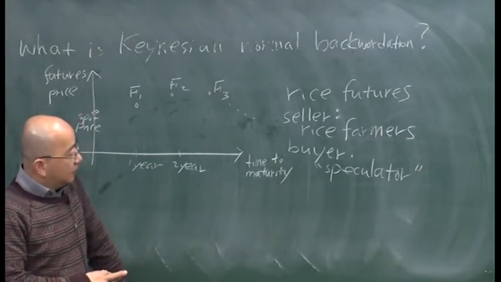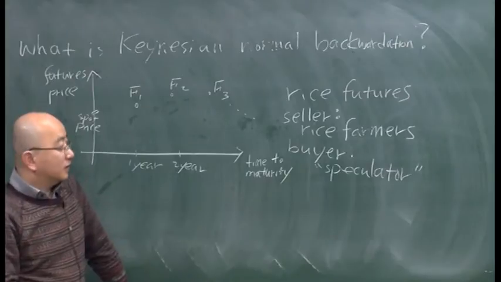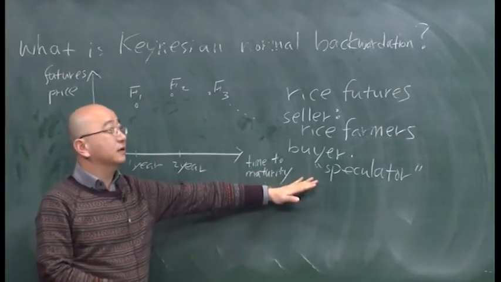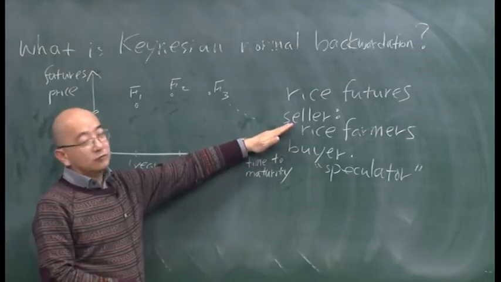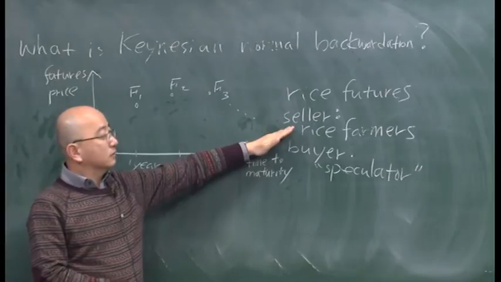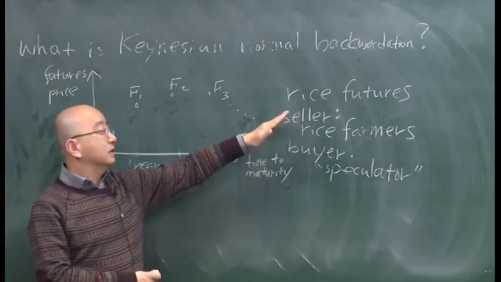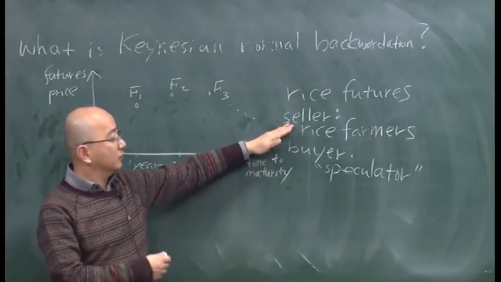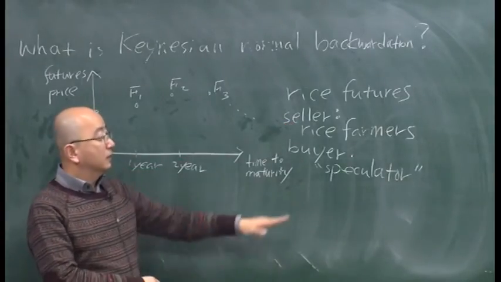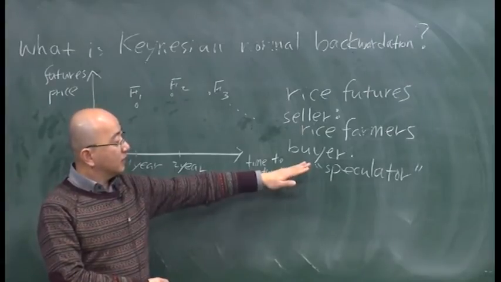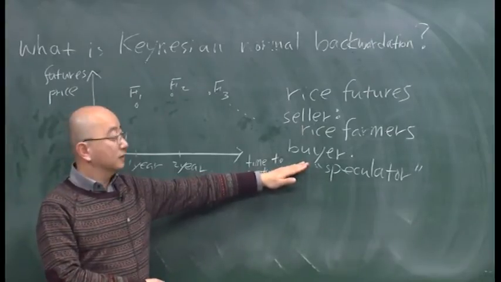Keynes suggested that in a situation like this, farmers are buying insurance, while speculators are after profit. So this group of market participants are willing to take some loss because they are actually buying insurance, and to buy insurance, people are willing to pay a bit. The speculators, these market participants, do demand profit.